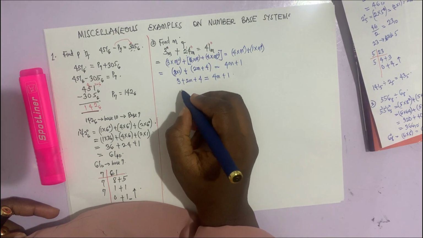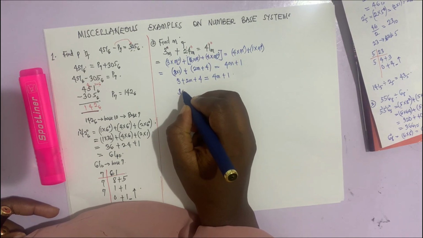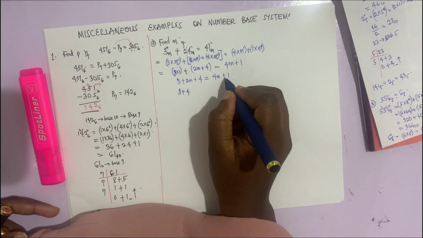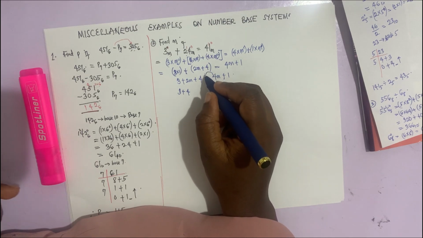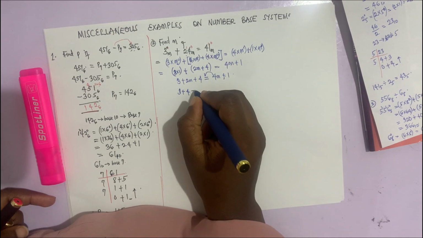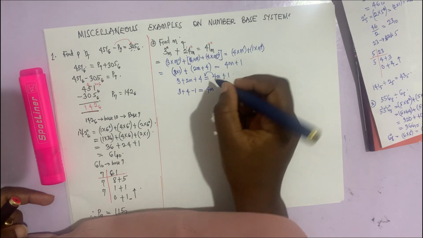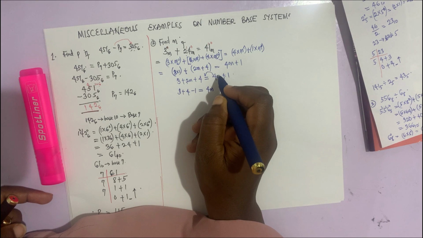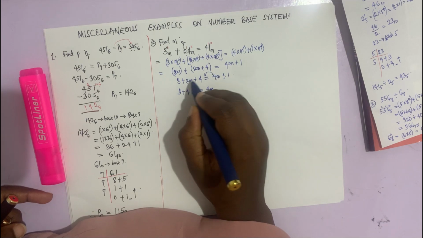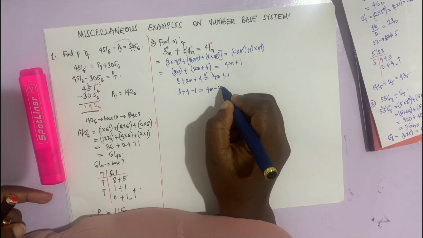So collecting the like terms, this becomes 3 plus 4 minus 1. When it jumps this fence, the plus becomes minus 1, is equal to 4m, which we have here initially, and we bring this plus 2m to jump. When it jumps, the sign changes to negative.